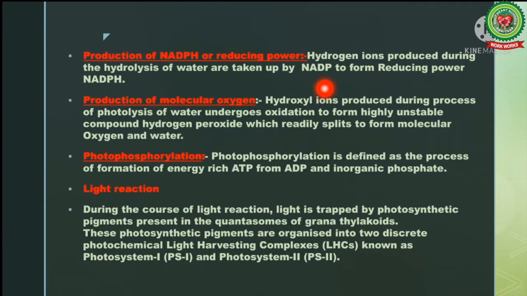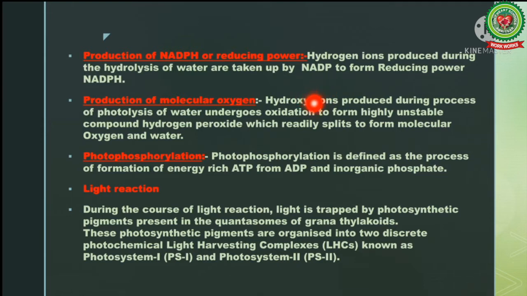The next step is production of NADPH or reducing power. Photolysis of water produces hydrogen and hydroxyl ions. Hydrogen ions are immediately picked up by NADP, activated by electrons. It results in the formation of reducing power NADPH, that is nicotinamide adenine dinucleotide phosphate.